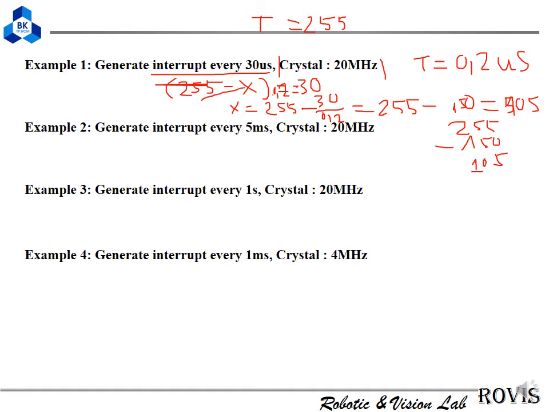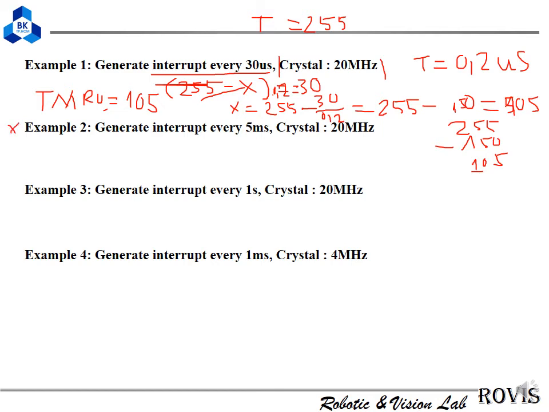So we will load the timer count TMR0 with 105. That means this is the number we have to generate.